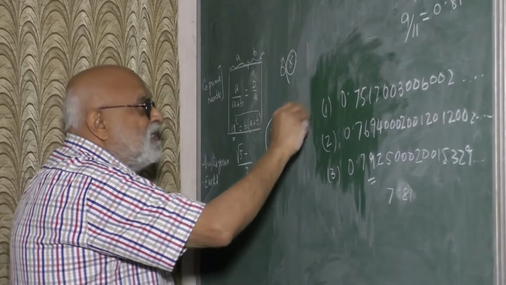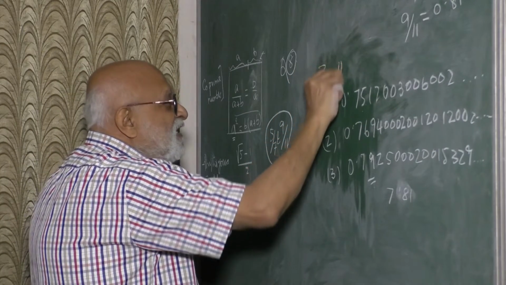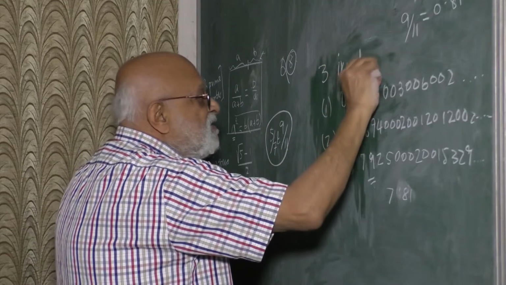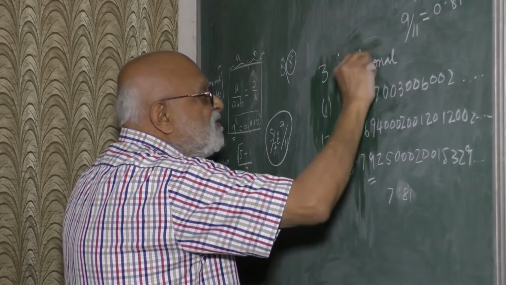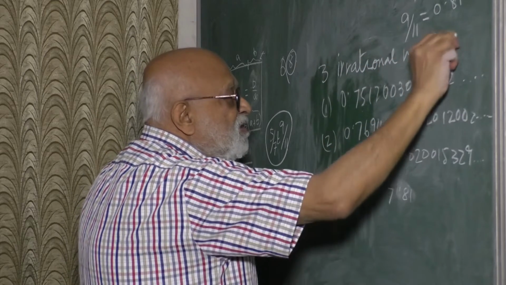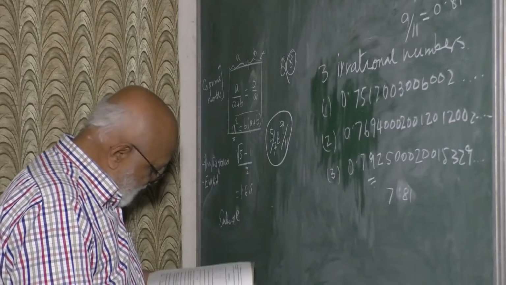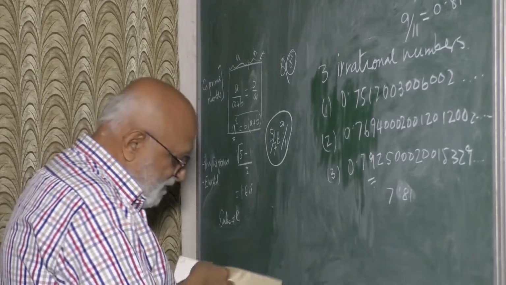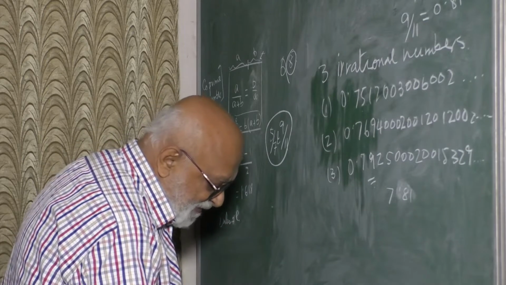So these are 3 irrational numbers. That is done. Now we come to the next question, number 9, which is relatively easy.